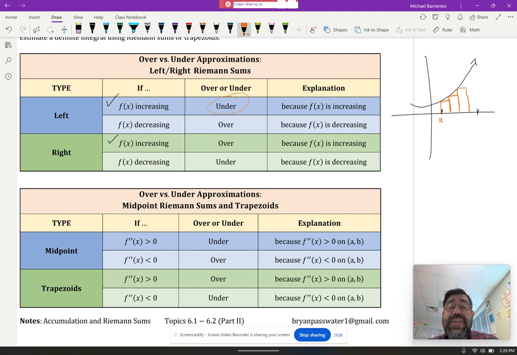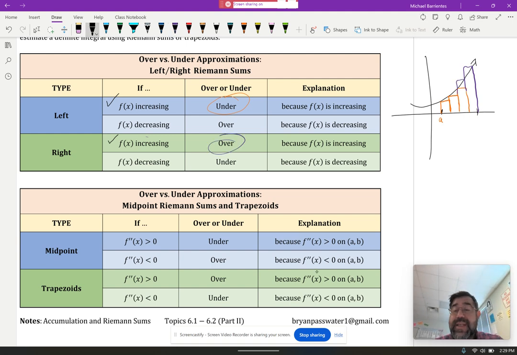So because the function is increasing, I know that my left-sided Riemann rectangle is an underestimate. Now that's different than if I were to do a right rectangle. If I did this one, then the right rectangle would come up here and it would go backwards. Oh, that's over, and you can see that that's definitely going to be an overestimate.